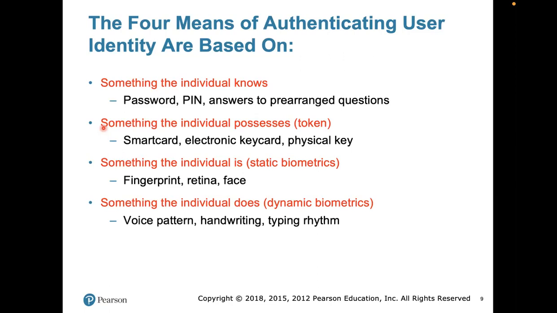And a token might be something that the individual does, which we also call dynamic biometric parameters. For example, my voice pattern. That's something which is being used in many systems as a token for authentication.